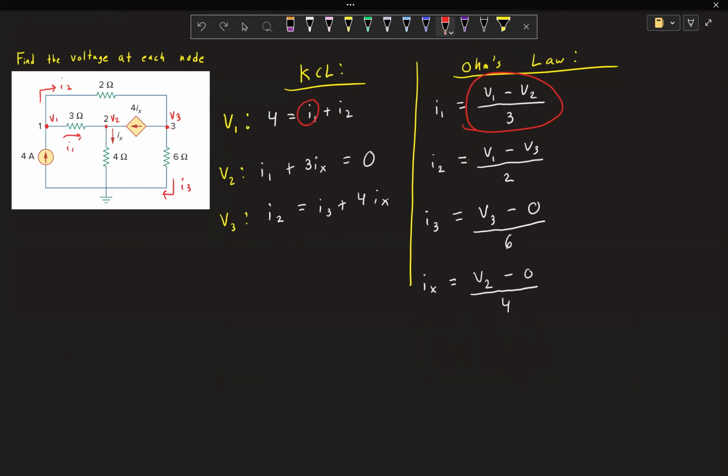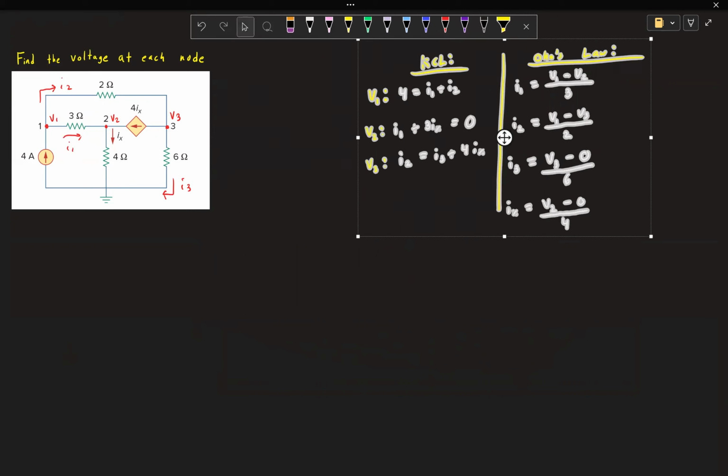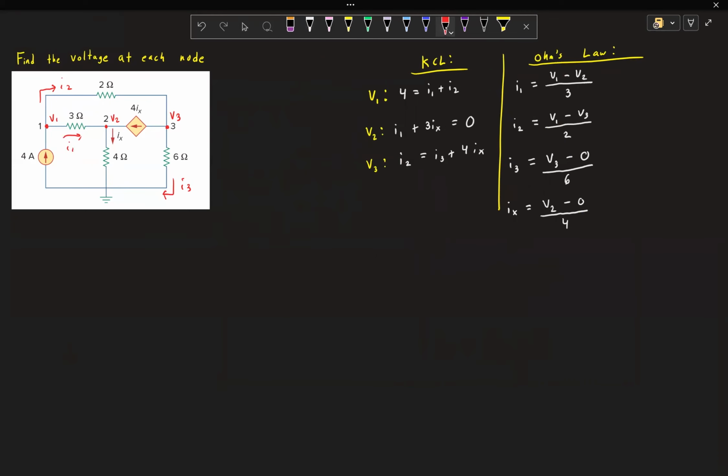Okay, so I'm just going to clear up some space. So we'll just start with the first equation. 4 equals I1, which is just V1 minus V2 over 3, plus I2, which is just V1 minus V3 over 2.